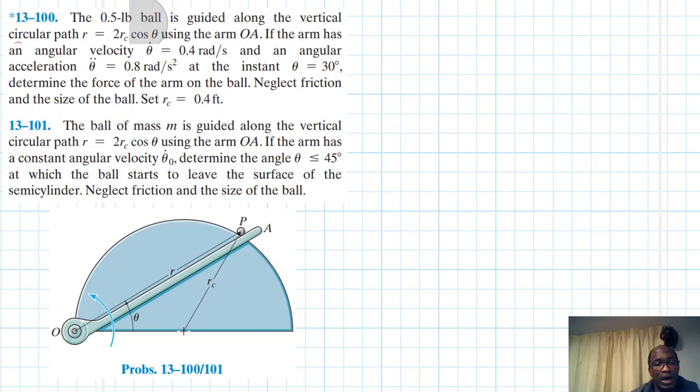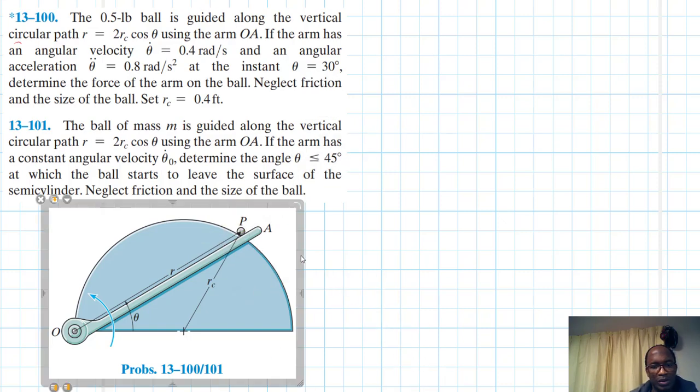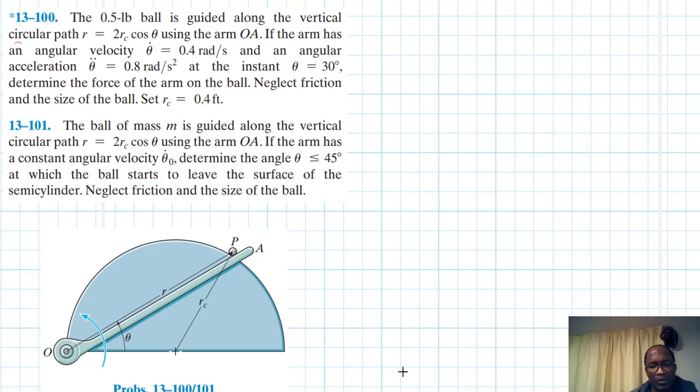So let's draw the free body diagram. We are going to use polar coordinates, so we have the radial coordinate like so, and the theta coordinate.